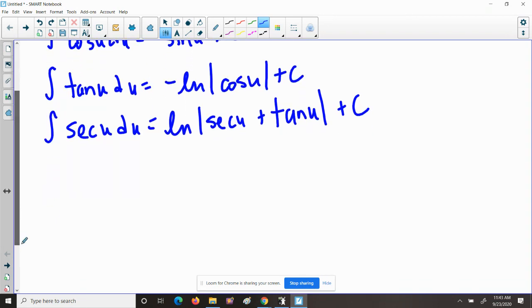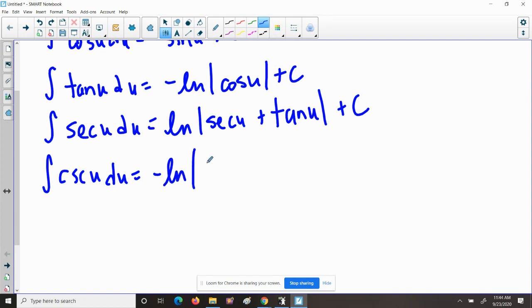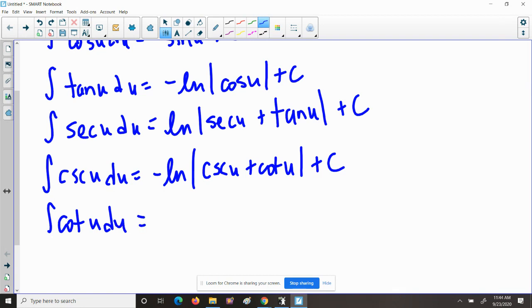Integral of cosecant of u is negative natural log of absolute value of cosecant of u plus cotangent of u plus c. And integral of cotangent of u du is positive natural log of absolute value of sine of u plus c.